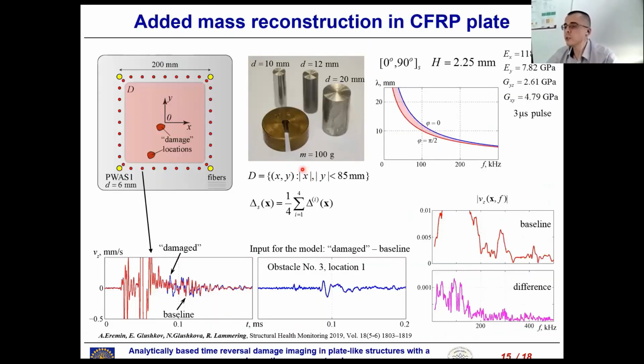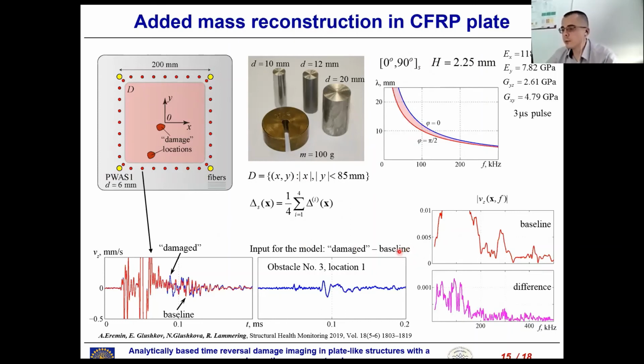Afterwards, we've also done some studies for carbon fiber reinforced plastics that were done in parallel, and the case study was done for a cross-ply laminate. In this case we have just 4 piezoelectric actuators and about 32 sensing points, and sensing has been done with a laser vibrometer.